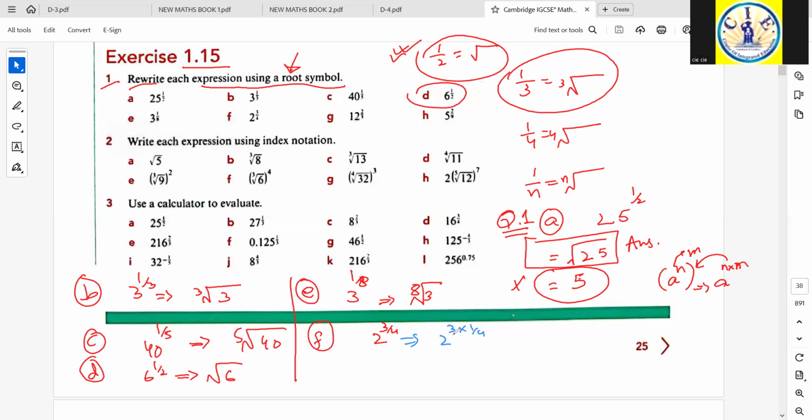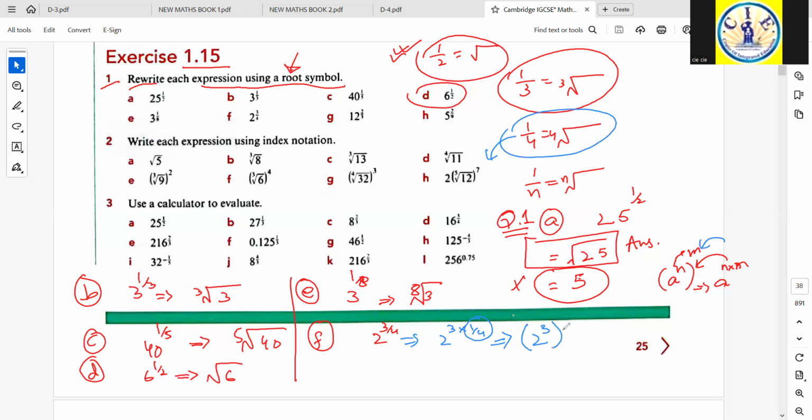Now, the powers of this 2 are written as a product. For the root, its power should be 1 by 4, meaning 4 should be in the denominator. So I can split it into 2 raised to power 3, and for this 1 by 4, I'm using this rule.